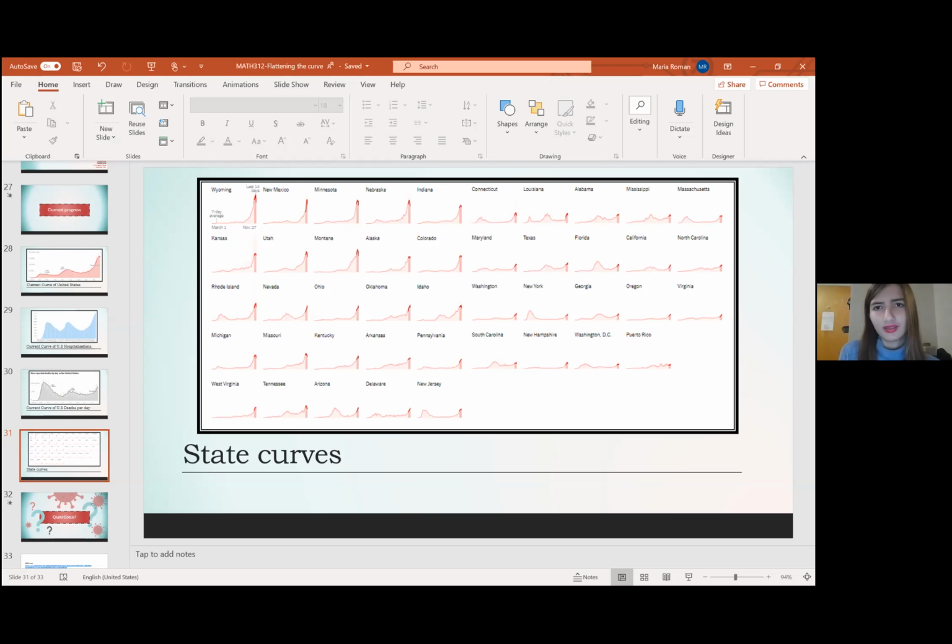Another important thing is taking into account disparities in different regions, because we see it with the state curves, and we also see it within cities, that some places are able to handle more cases than others, and some populations might be able to social distance more than others. So also working with local governments, because there is not a single answer that can encompass such a broad range of counties.